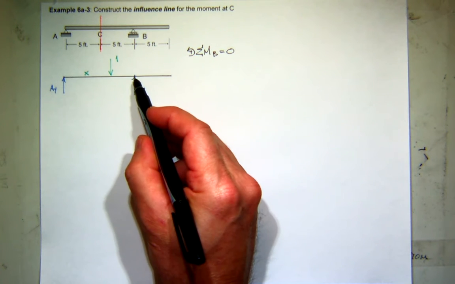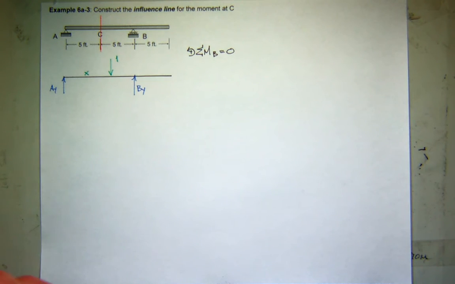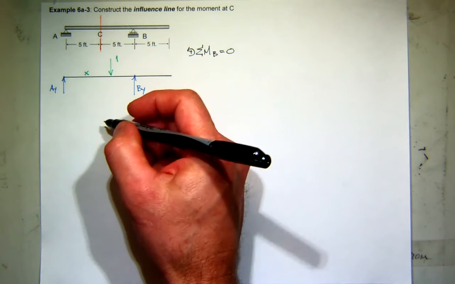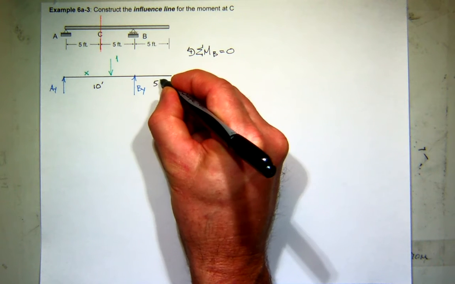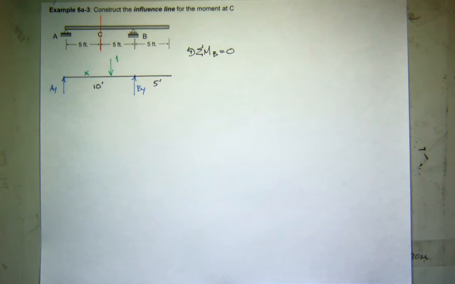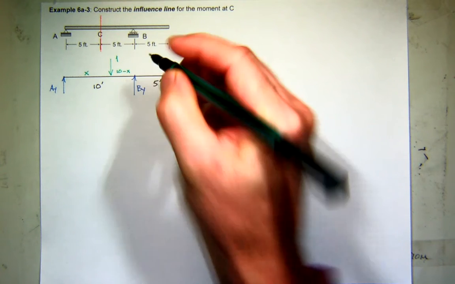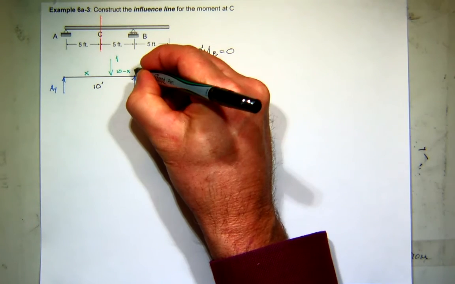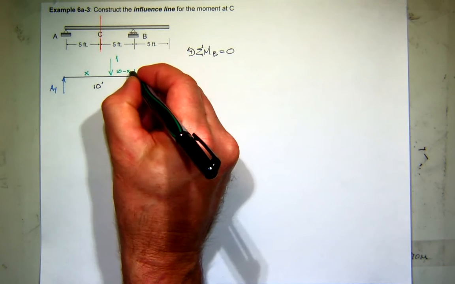So when I go the distance from B to that unit load, what's that going to be? Well, this distance is 10, and this distance is 5. So what's that distance going to be right there? 10 minus X, from here to there. Everybody see that?